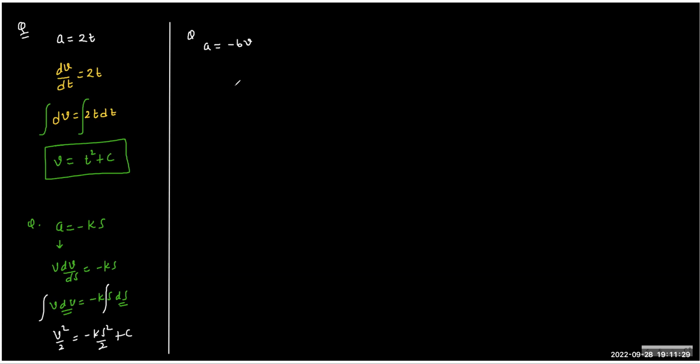So let's say if I ask you, find the V versus S relation. Then what will you go with, the first or the second? Second. So go ahead and tell me the relation, everyone. Create the differential relation and go ahead and tell me the answer.